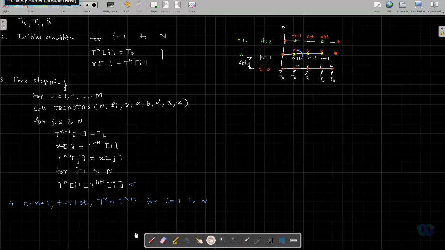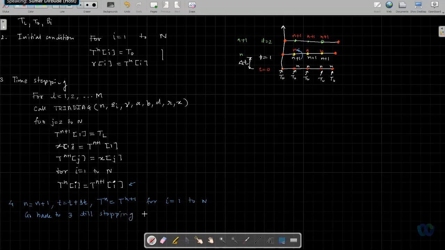So once this is done, then go back to step number 3. Go back to 3 till the stopping criteria is met.